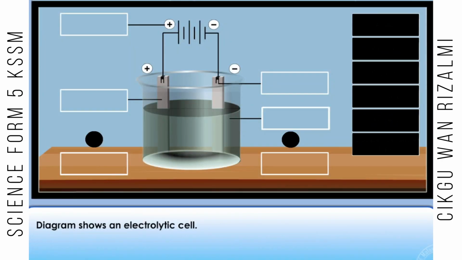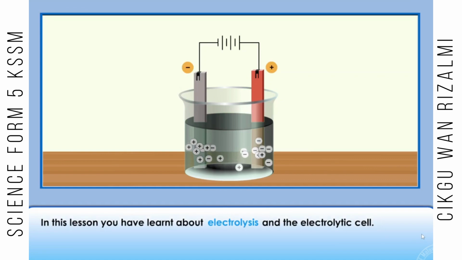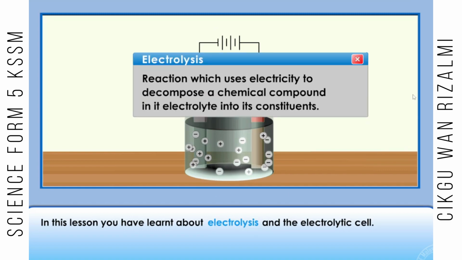Diagram shows an electrolytic cell. In this lesson, you have learned about electrolysis and the electrolytic cell. Electrolysis is a reaction which uses electricity to decompose a chemical compound in an electrolyte into its constituents.